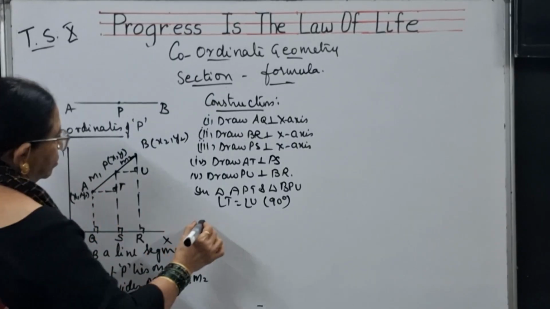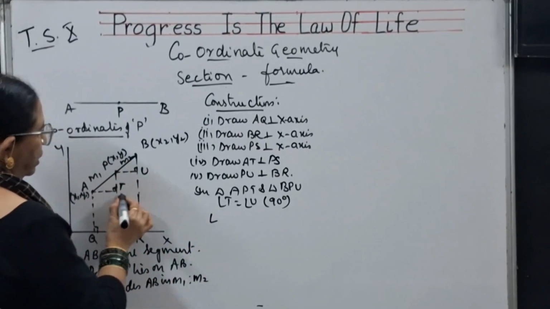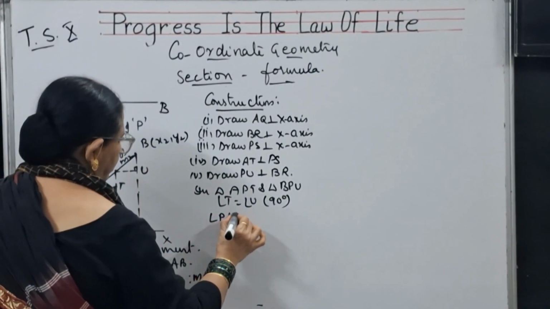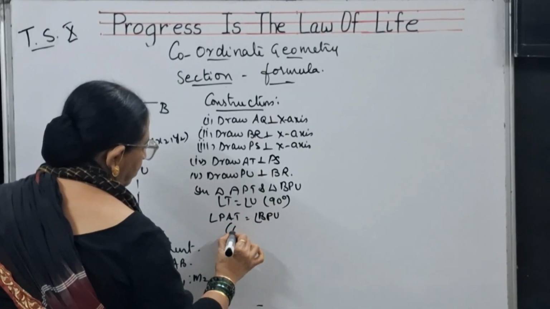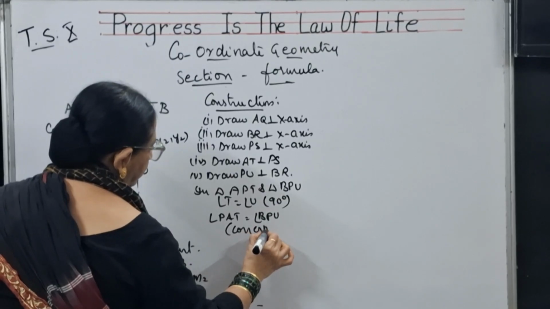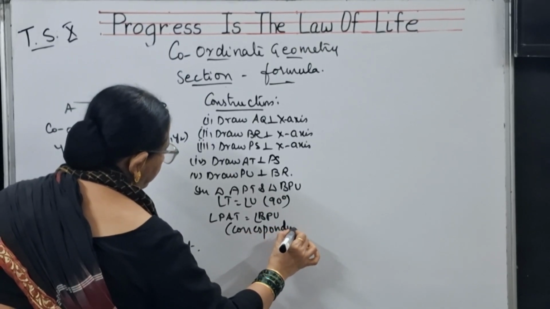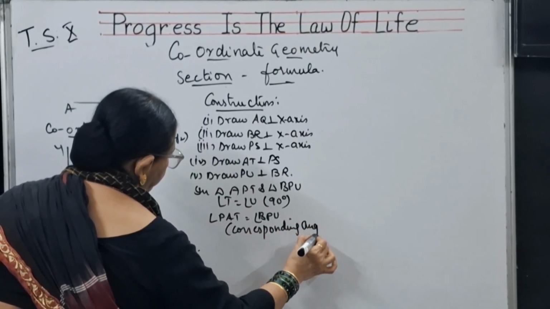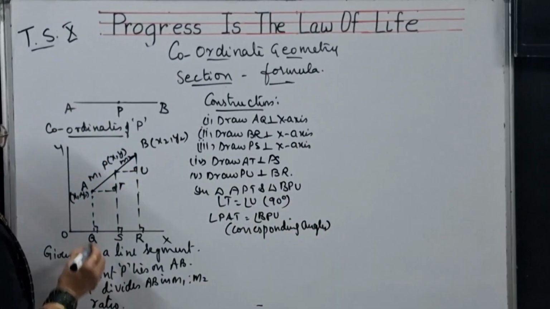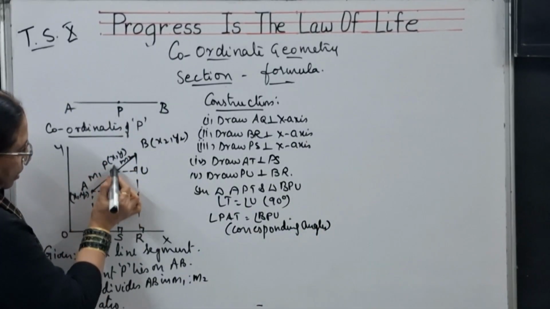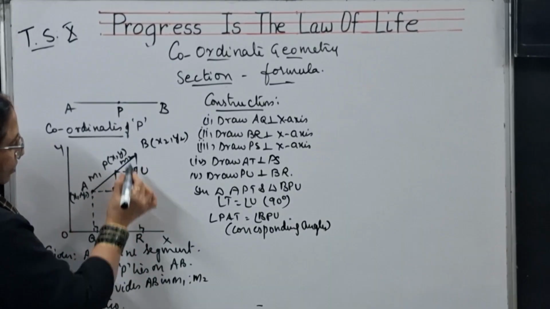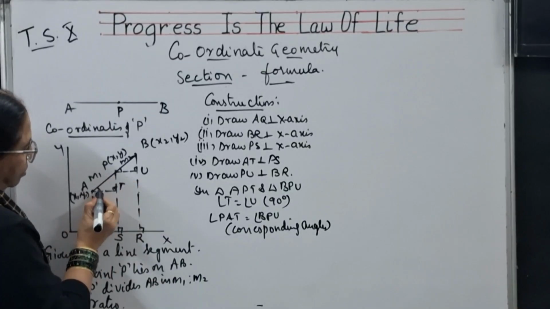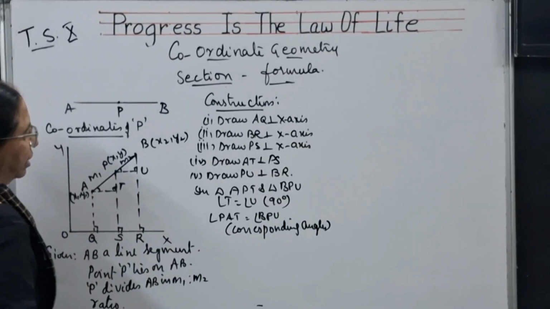And also angle PAT is equal to angle BPU, they are corresponding angles. How do you say they are corresponding angles? See, if you extend it, these two are parallel lines. This is a transversal. These are all parallel lines. So this angle and this angle become corresponding angles.